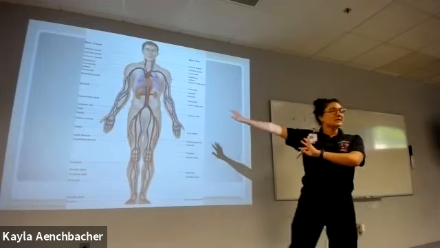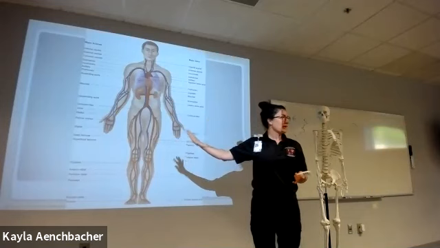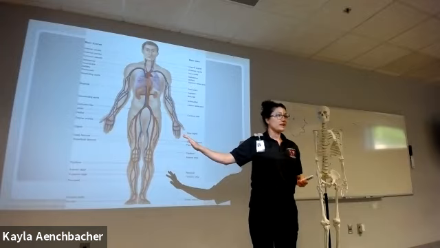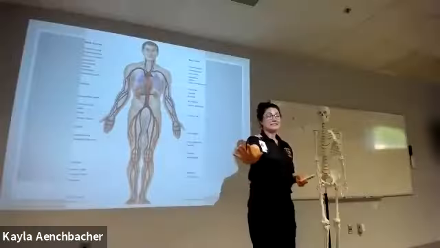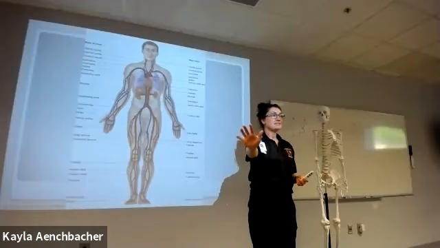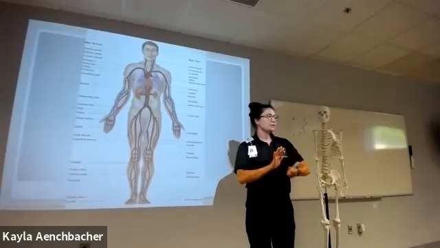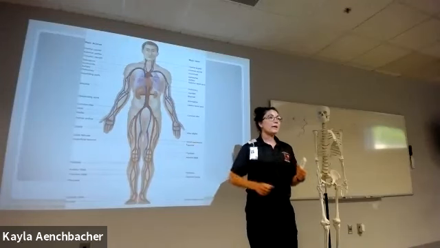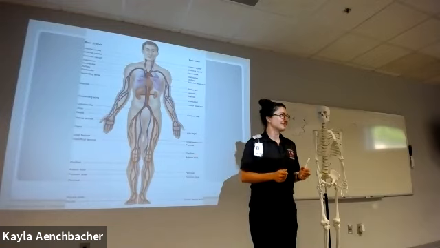This becomes a lot more important when you go to AEMT, because when you start IVs, where do they go? In veins or arteries? In veins. We put IVs in veins. Excuse me, vein, sorry. Because we're pushing that fluid and blood back to the heart to circulate to the rest of the body. What happens if you put a needle in an artery?